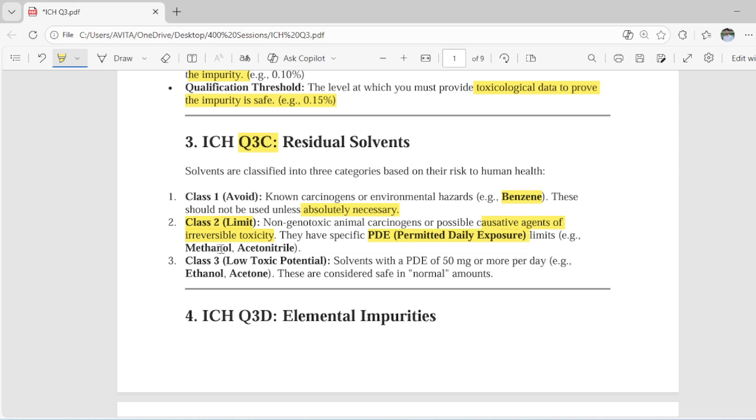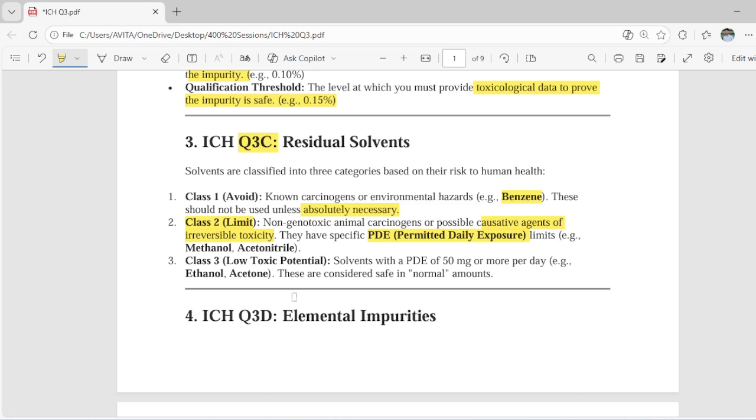Examples are methanol and acetonitrile. These we could use, but they have a particular PDE, that is permitted daily exposure. Humans should not get exposure to more than this permitted amount.